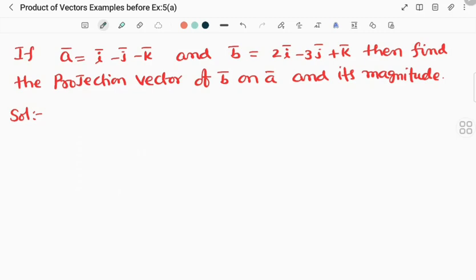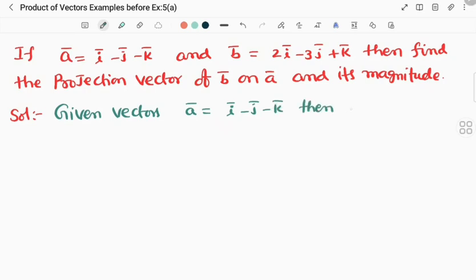So to calculate the projection vector, we need to calculate the dot product and their magnitudes. That is important, dear students. So first, given vectors: A bar equal to i minus j minus k.